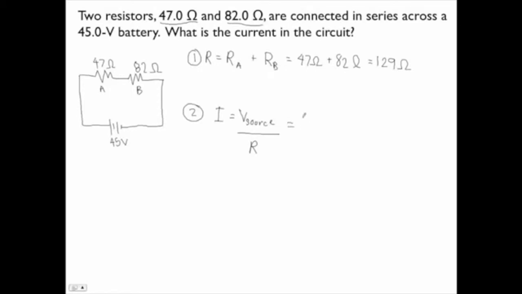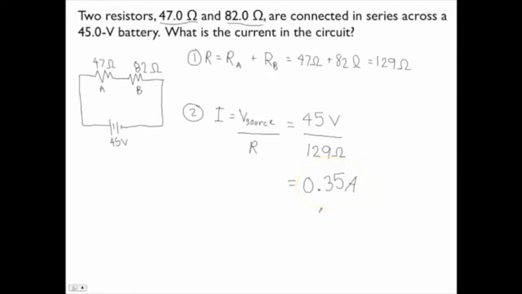Okay, so you're going to do 45 volts divided by 129 ohms, and you're going to get 0.35 amps. And that's all you have to do for this one.